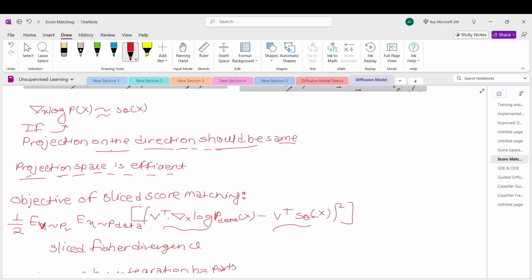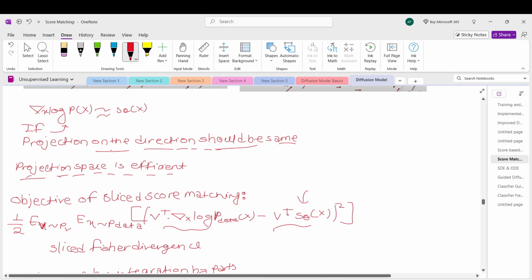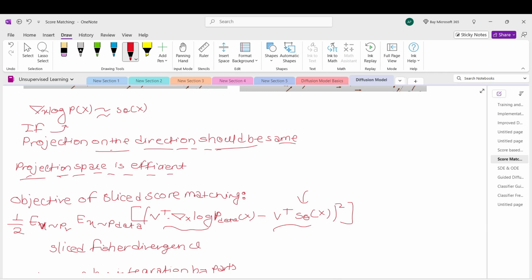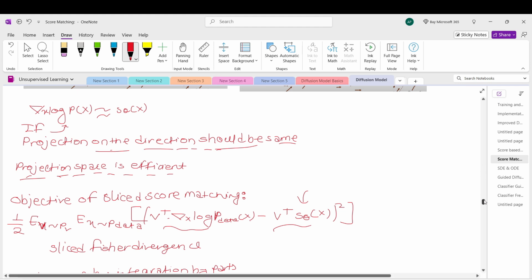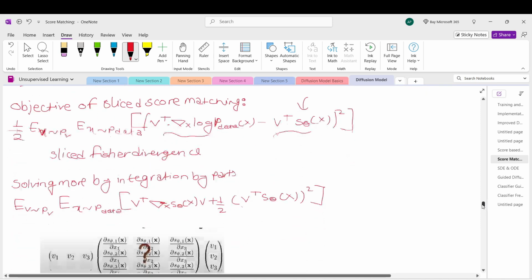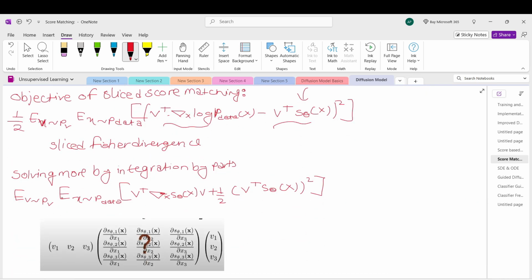The objective of sliced score matching reduces to this. If you are able to match both projections, that is the objective to make. This is also called the sliced Fisher divergence.